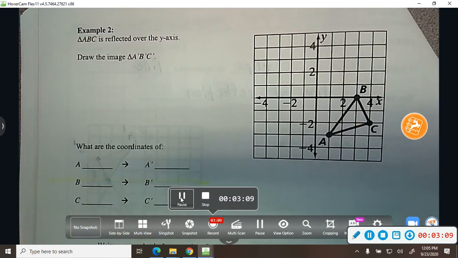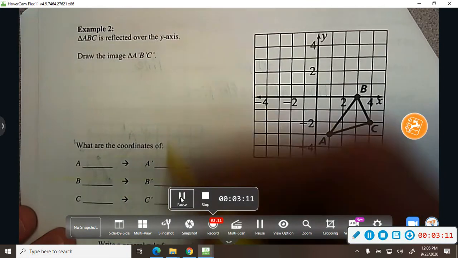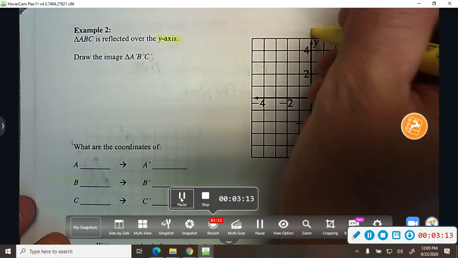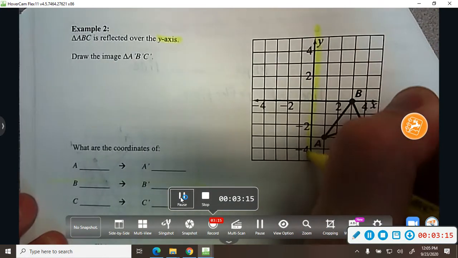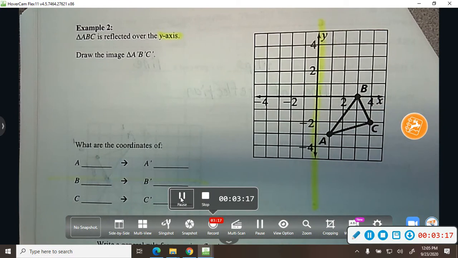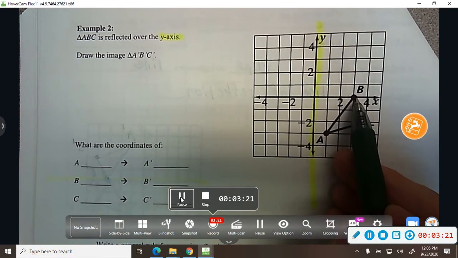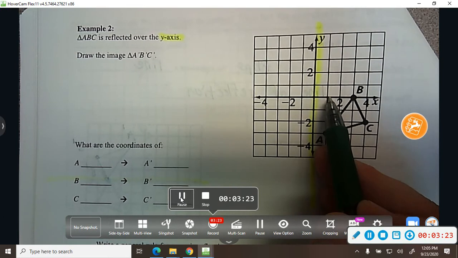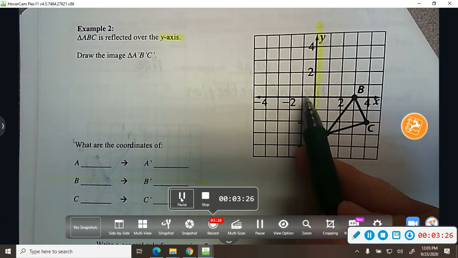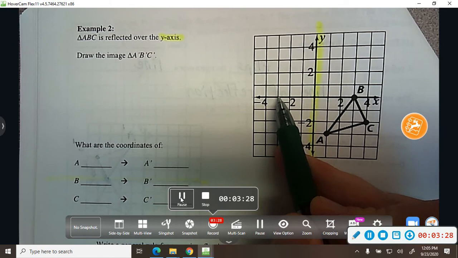So now what if I ask you to reflect over the y-axis? That would be this one. And so this time we'll count horizontally. B is 1, 2, 3 away. So it's going to be 1, 2, 3 away.